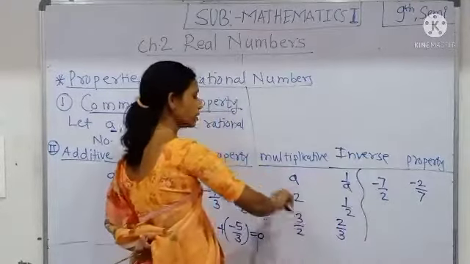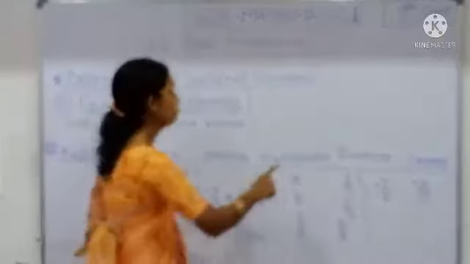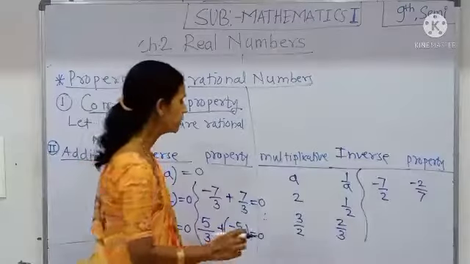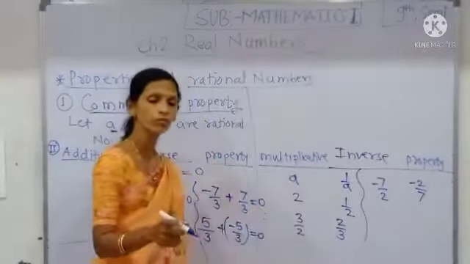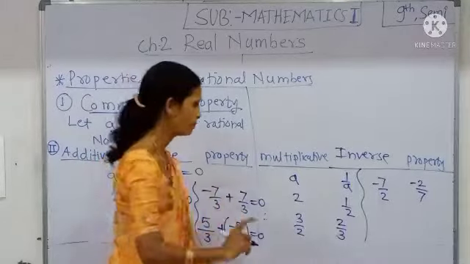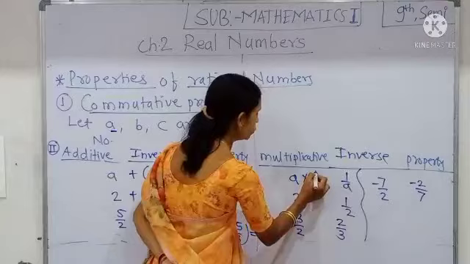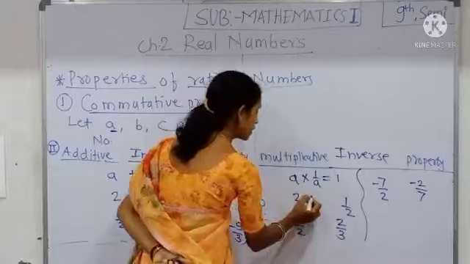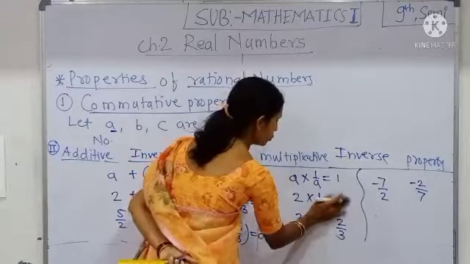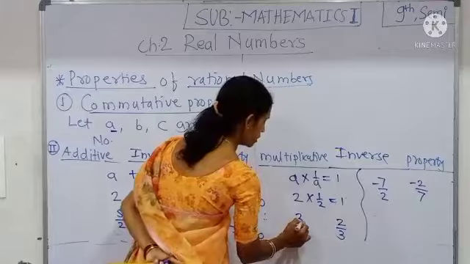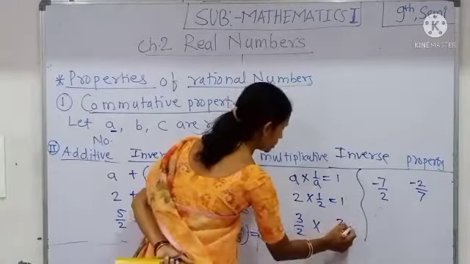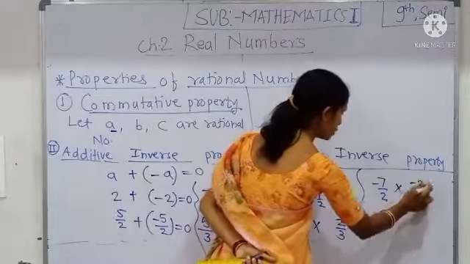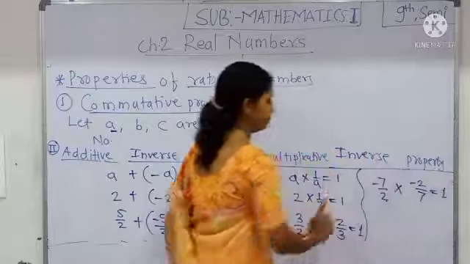That means the reversed number is the multiplicative inverse. And the property is that multiplication of multiplicative inverses is always 1. That means A into 1 upon A is equals to 1. So 2 into 1 upon 2 is 1, 3 upon 2 into 2 upon 3 is 1, and minus 7 upon 2 into minus 2 upon 7 is 1.